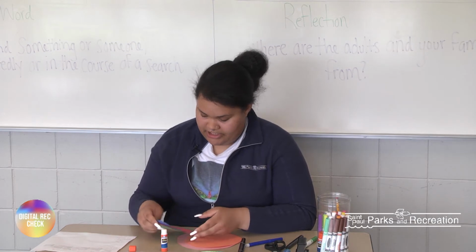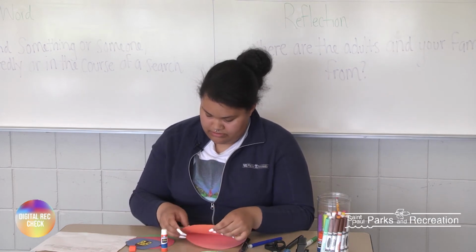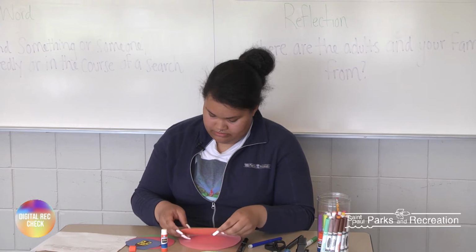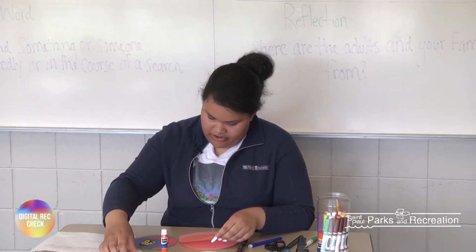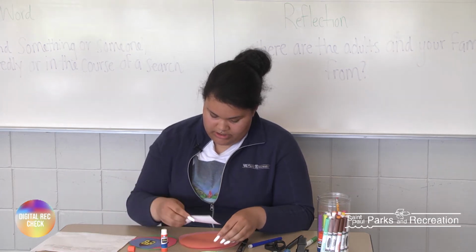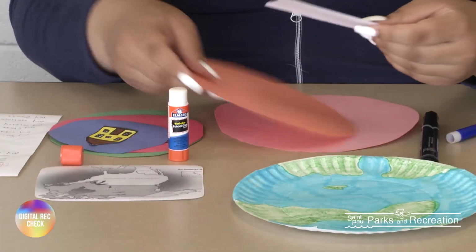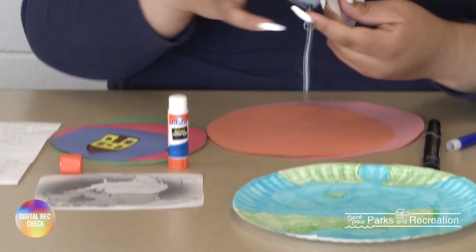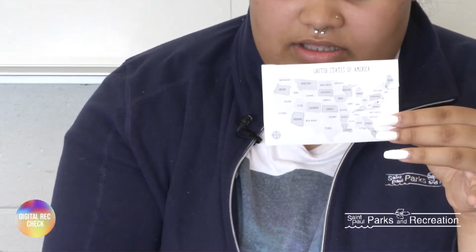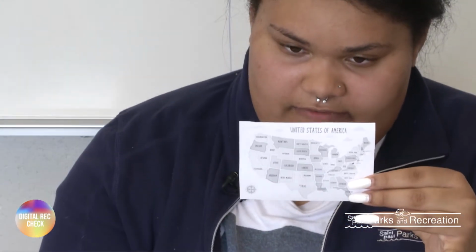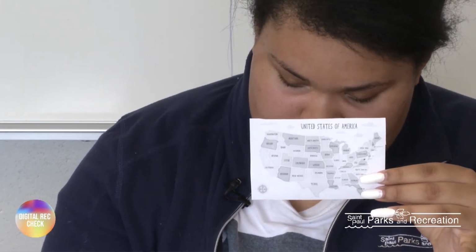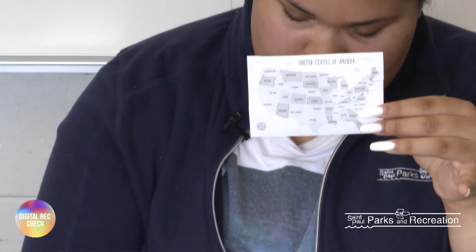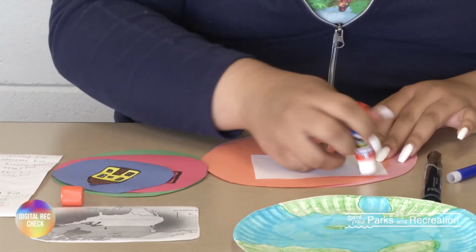Okay, so then for our next one, we are going to label this one. And I put out this one, so this is a picture of the United States, all the states. So then we're just going to take that and place that down.